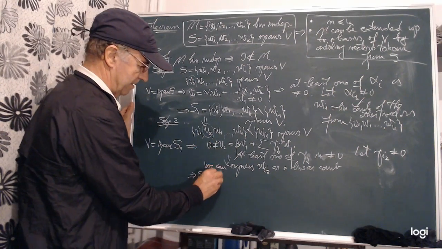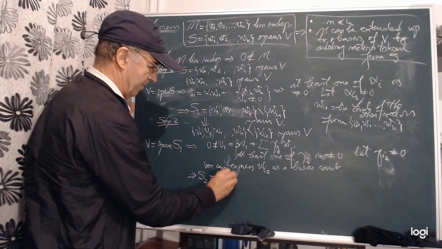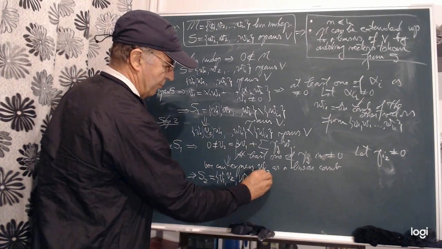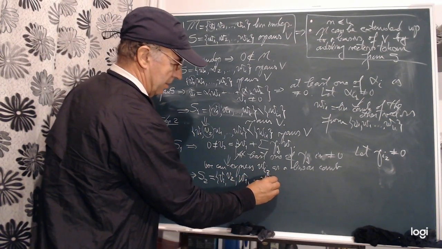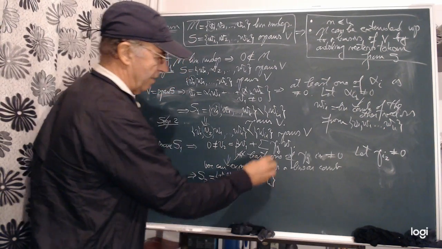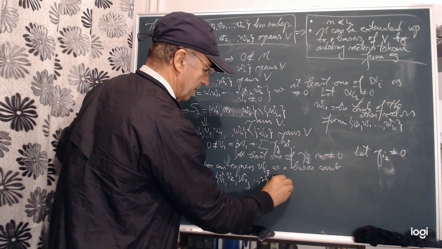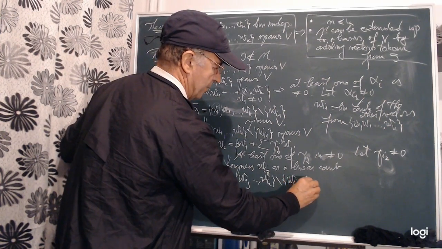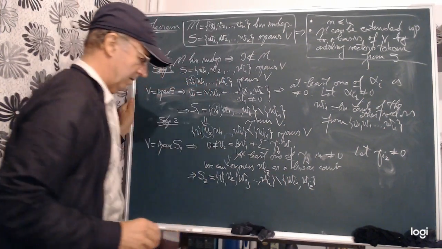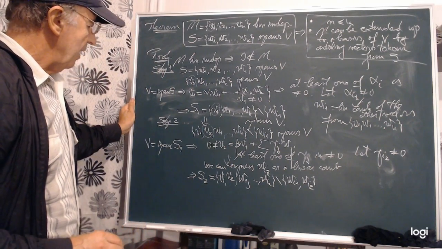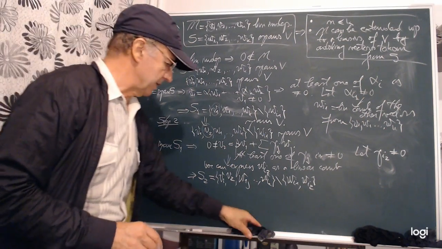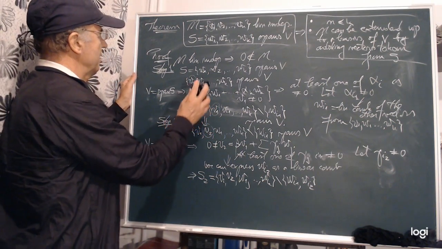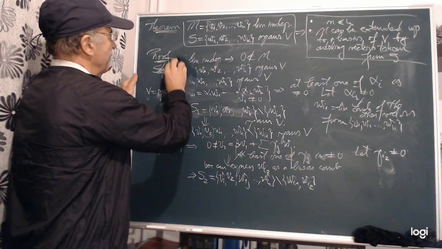That is V1, V2, W1 up to WK, and we have eliminated Wi1, Wi2. Now we continue with step 3. We continue in the same way.